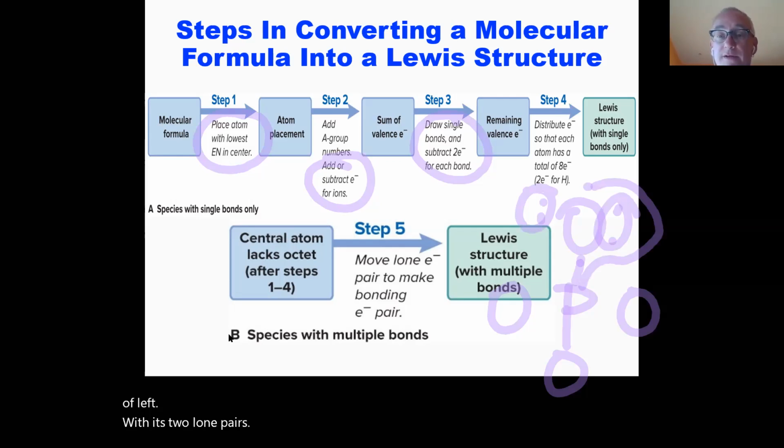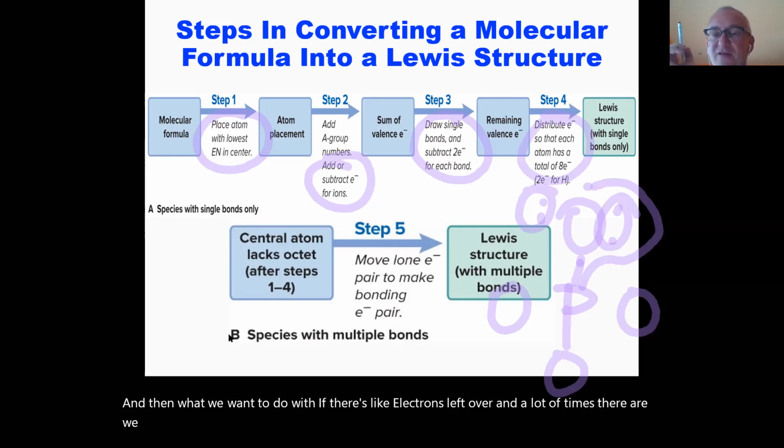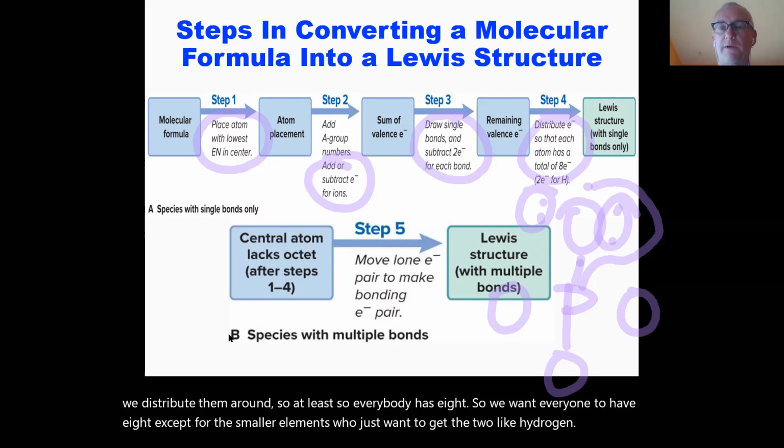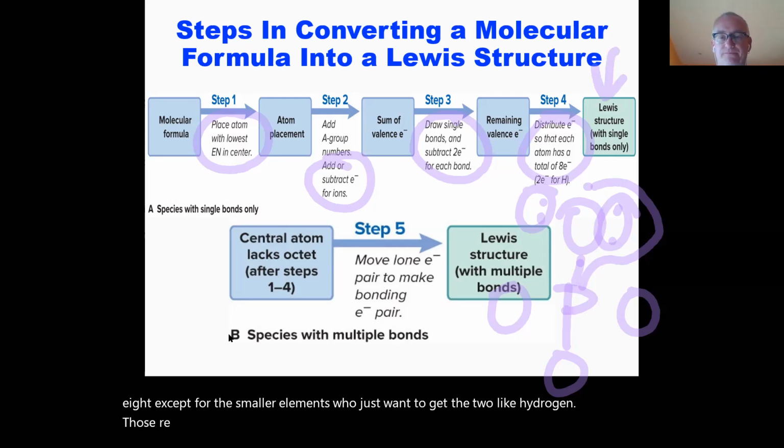Then if there are electrons left over, and a lot of times there are, we distribute them around so everybody has 8, except for the smaller elements like hydrogen, which just want 2. Those would be Lewis structures with single bonds.